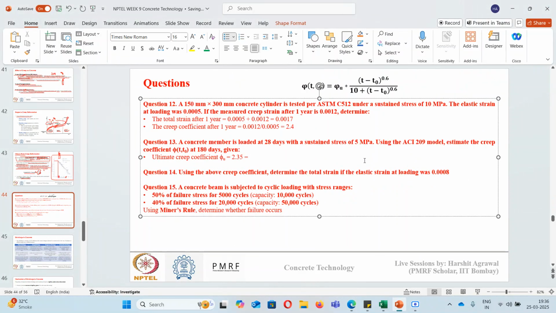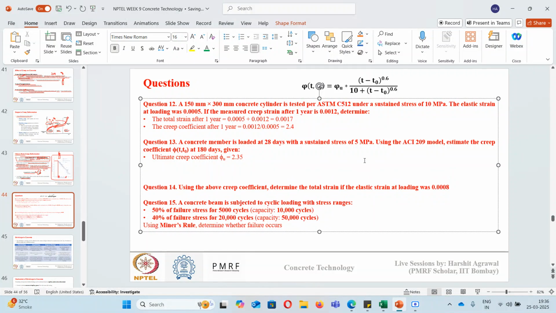Simply applying the formula, phi u is given to me. So the answer will be 2.35 times (t minus t naught) to the power 0.6 upon 10 plus (t minus t naught) to the power 0.6. Here t is 180, the age at which I am determining the creep, and t naught is the age at which loading starts, that is 28 days. So (180 minus 28) to the power 0.6 upon 10 plus (180 minus 28) to the power 0.6.